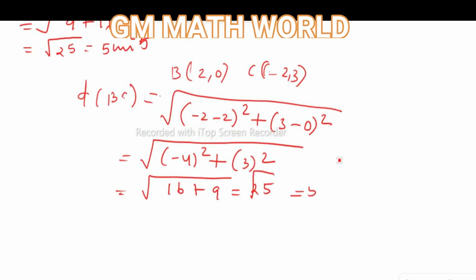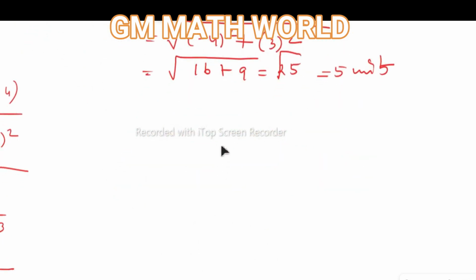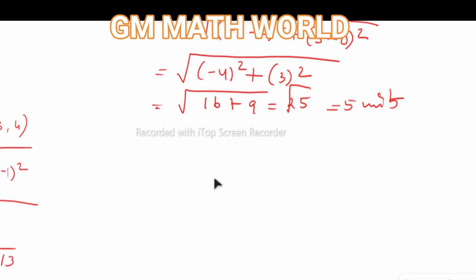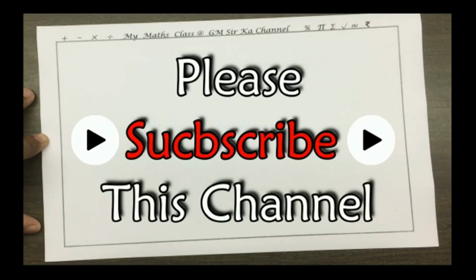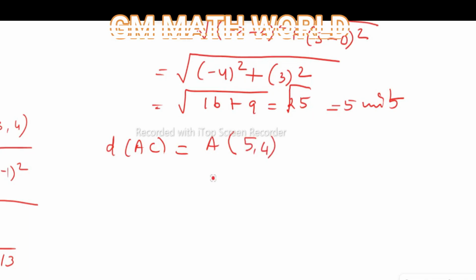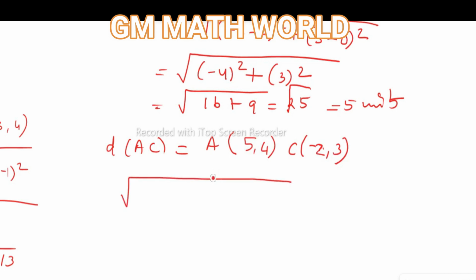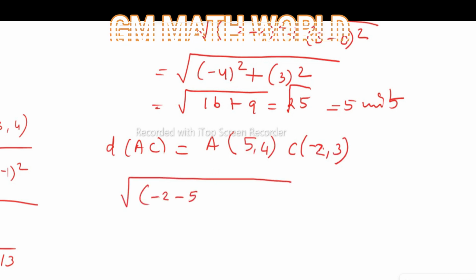Next we will find the distance AC. Already we obtained that two sides are equal: the distance AB and distance BC are both 5 units, therefore it is an isosceles triangle. But anyhow we will find the distance AC also. The coordinates of A are 5 comma 4 and of C are minus 2 comma 3. So (minus 2 minus 5) squared plus (3 minus 4) squared under the square root.